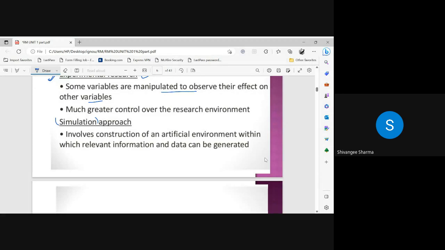They are using an artificial environment, and if you are using that artificial environment to identify a solution to a problem, or to identify a pattern, or to study the relationship between two variables, then that will become your simulation research. This kind of research is basically used when a high amount of practical work related to science and technology is incorporated in your research. Then we use the simulation approach.